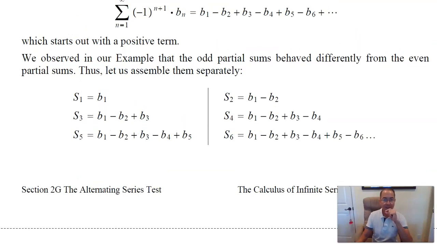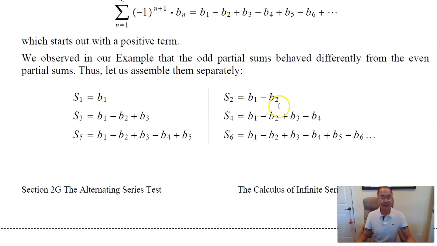Okay, there we go. So our first term is b sub 1. That's our first partial sum. Now, we are going to write the odd partial sums on the left and the even partial sums to the right, because we're going to do some magic with these two groups. So to b1, we subtract b2, so s2 is b1 minus b2.